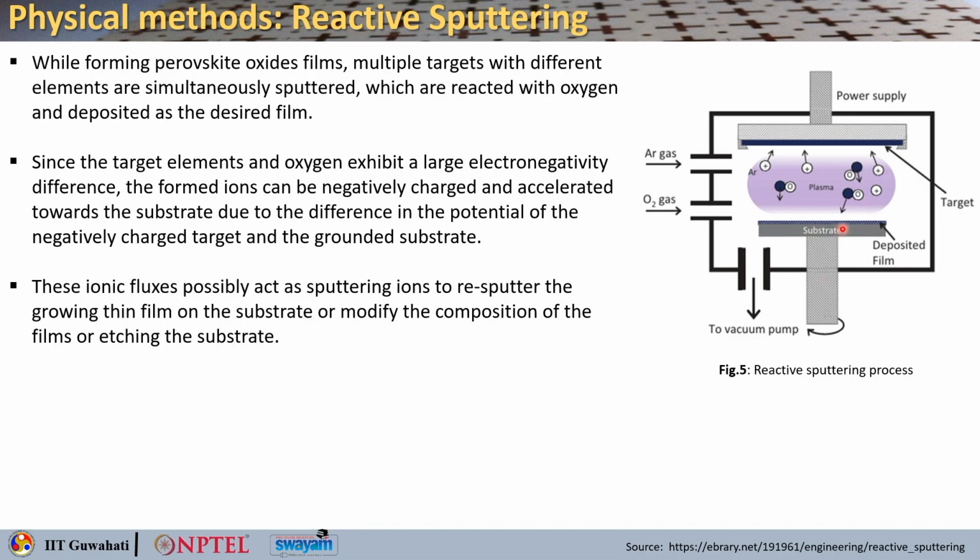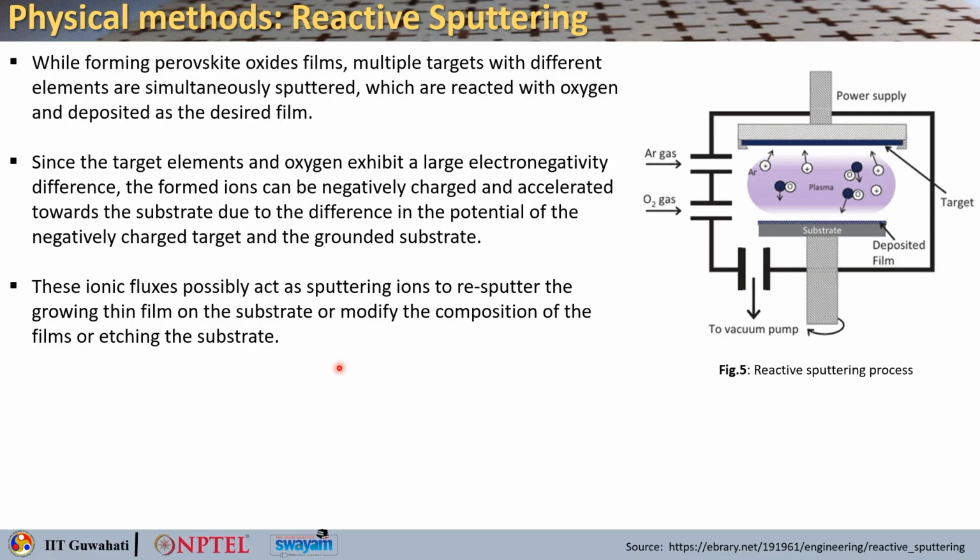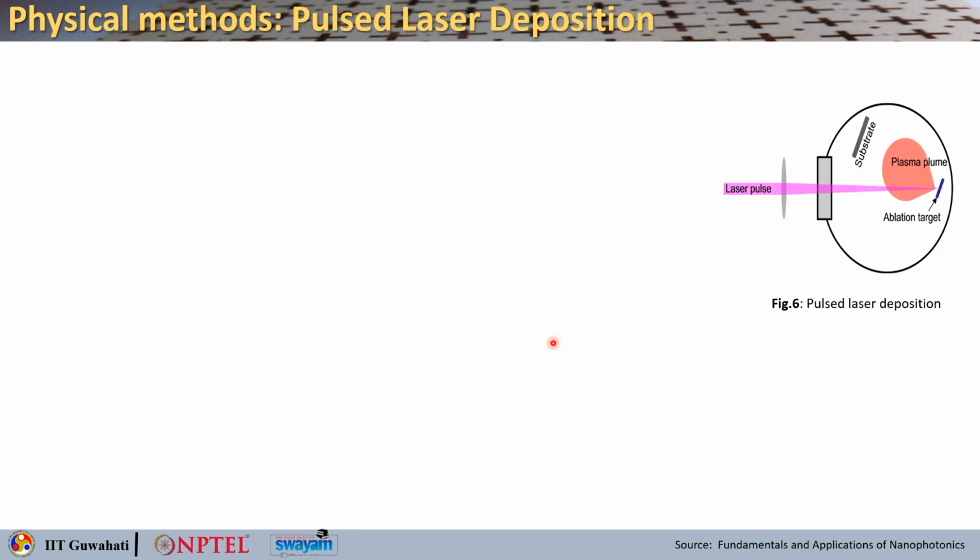So, here this is the target and this is the substrate, and these ionic fluxes possibly act as sputtering ions to resputter the growing thin film on the substrate or modify the composition of the films or basically etching the substrate.